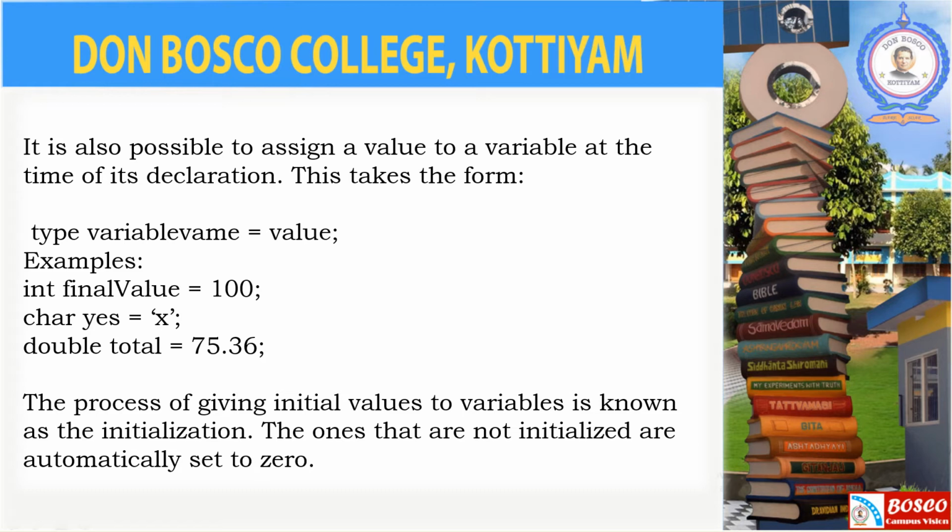Likewise, other examples: char s equal to 'x' in single quotes, double total equal to 75.36. And we know that giving initial values to a variable at the time of declaration is known as initialization.